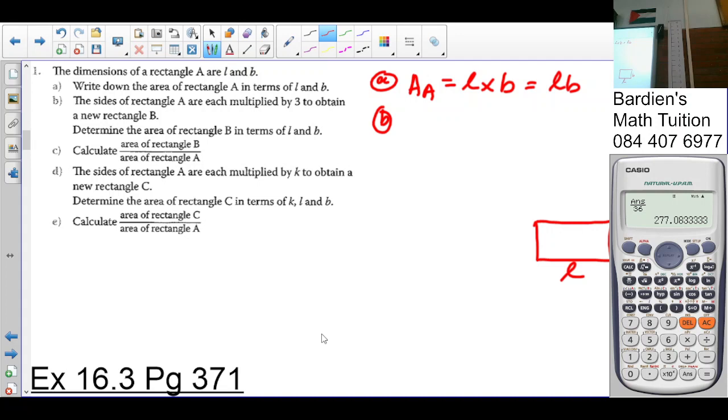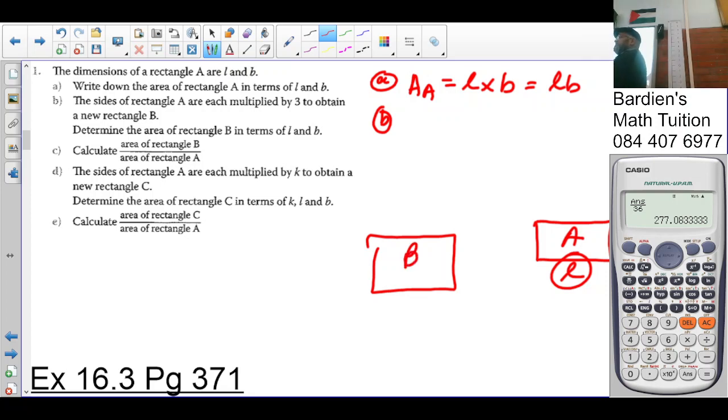Okay, so the sides of the rectangle A are each multiplied by 3 to obtain a new rectangle B. If I multiply each dimension by 3, what do I get? 3L and 3B.